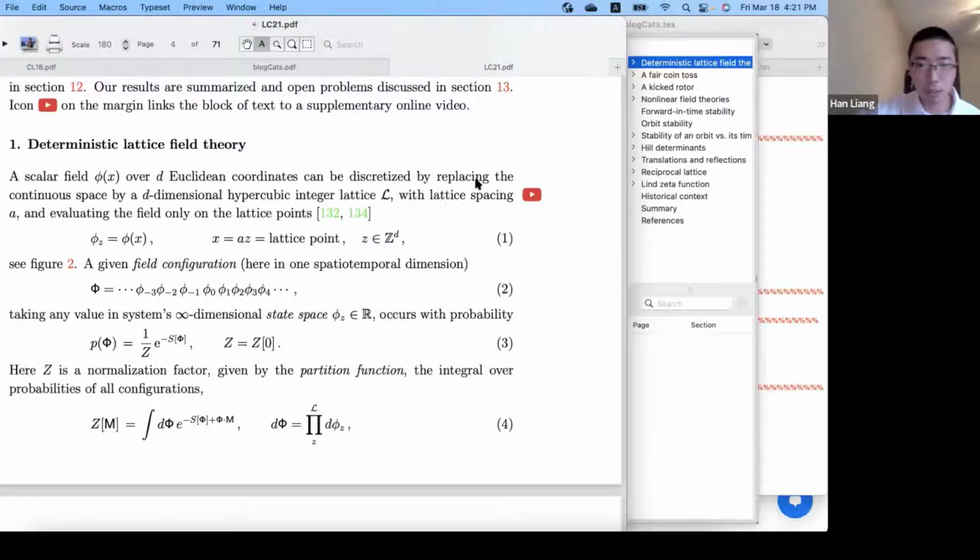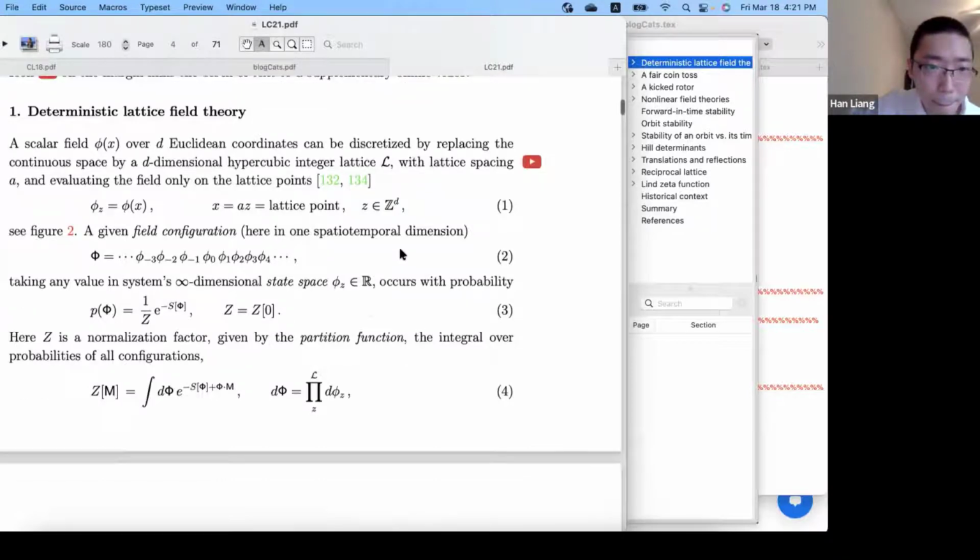We have a defining equation: we have the field value on the lattice, and there's a defining equation that needs to be satisfied, to see if a lattice state, like a lattice field configuration, is admissible or not.